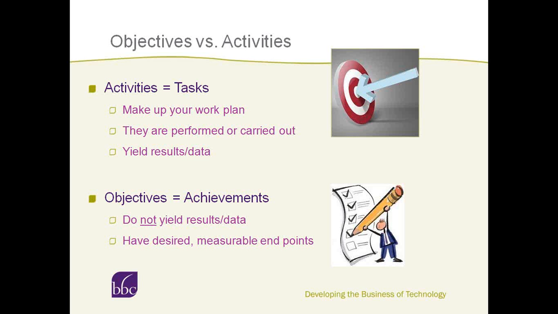They are performed, they're carried out, and as a result of those tasks, you generate data or results. Objectives are not tasks, they're achievements. Objectives don't yield data. They are what result from the interpretation of the data and the conclusions you draw from that. And they should have measurable endpoints.